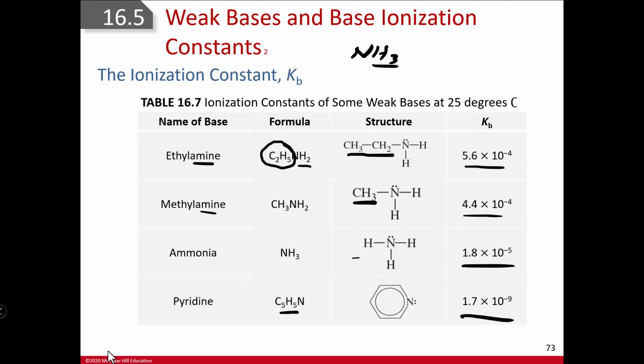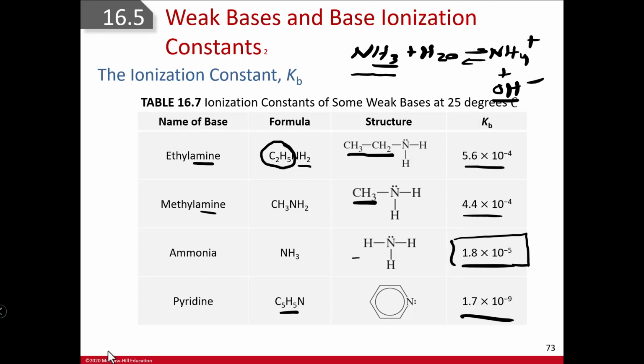If I take ammonia and react it with water, I get the ammonium ion positive and the hydroxide ion, and this reaction is reversible. But because this is such a small Kb value, it tells us that at equilibrium the molecular base is much more prevalent than the ammonium ion and hydroxide ion, the products.